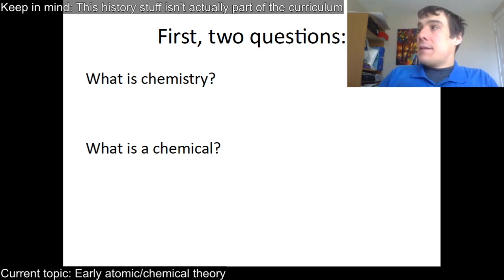So I guess chemistry loosely is a series of models of how matter interacts with other matter, based mostly on empirical observation, based mostly on experiments, rather than mathematical modeling.